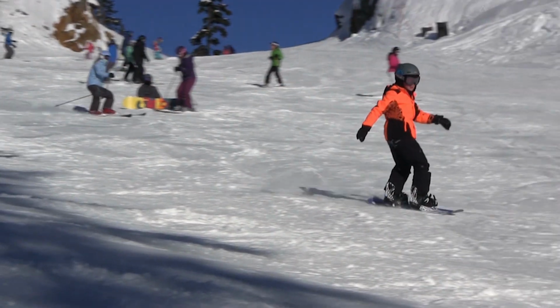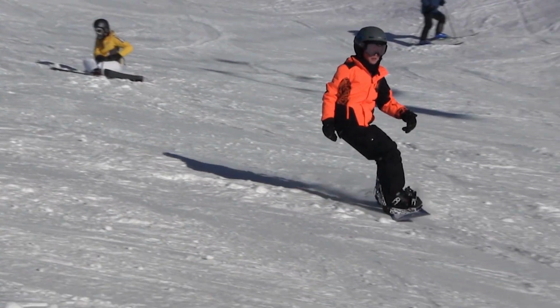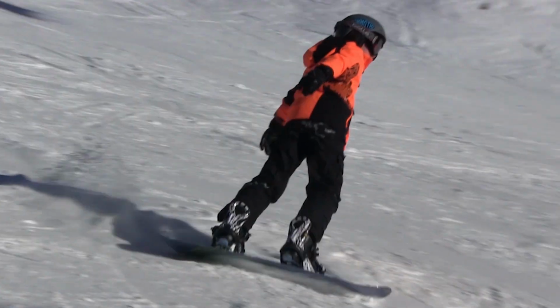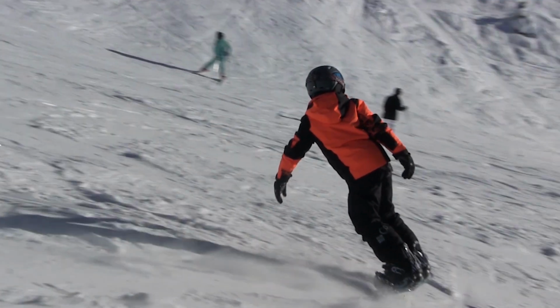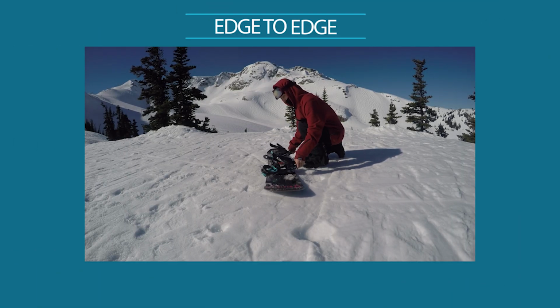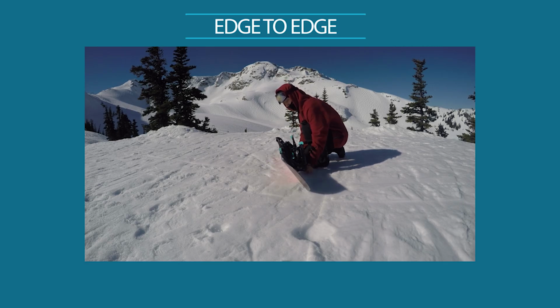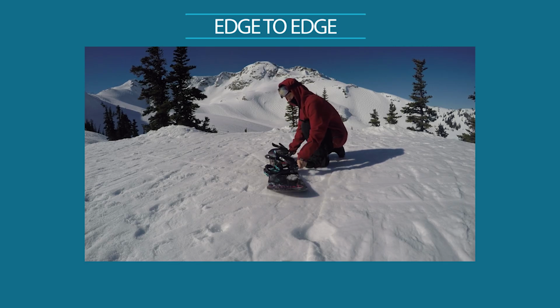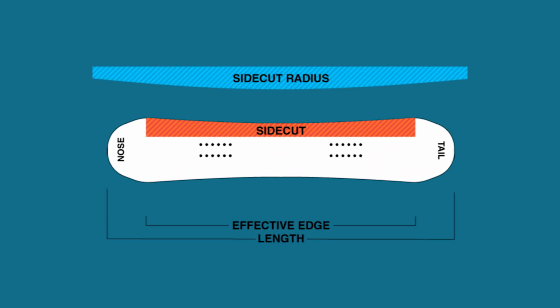So now, let's think about why you can't initiate a toe side turn while your torso is facing forwards. So this time, let's think about why you can't initiate a toe side turn when switching from edge to edge. The sides of snowboards are rounded, thus allowing you to make nice round turns when you make an edge angle.